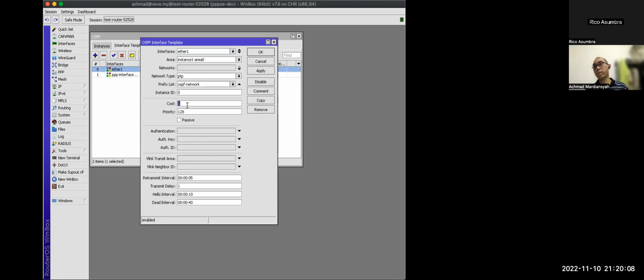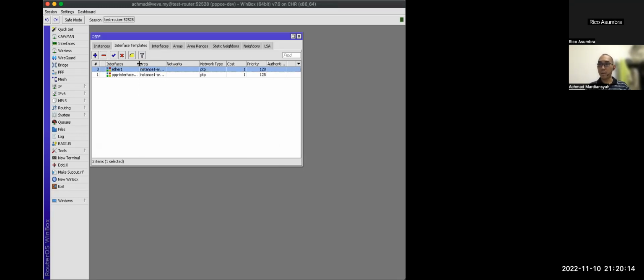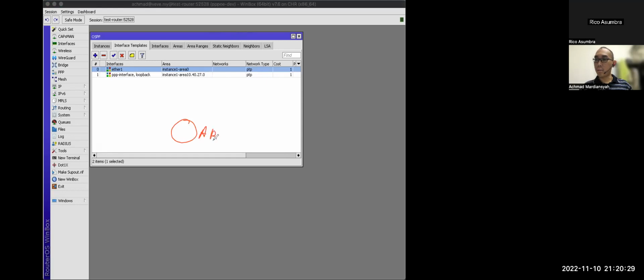Here the cost is available. Here you are using a template. I put a template for each different area because this router is an ABR. This one goes to area 0.